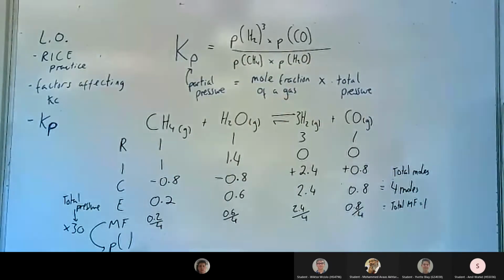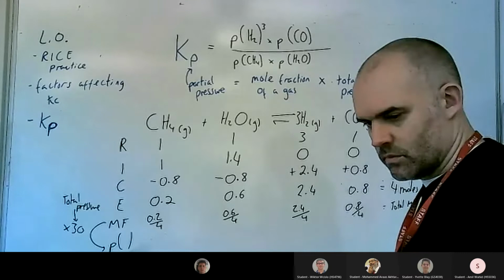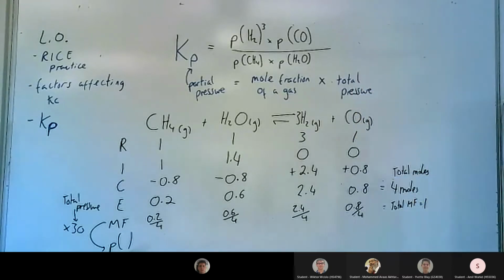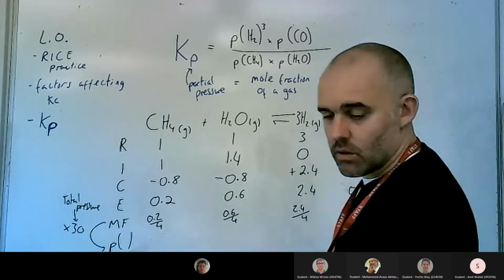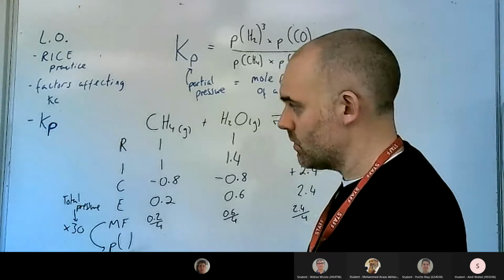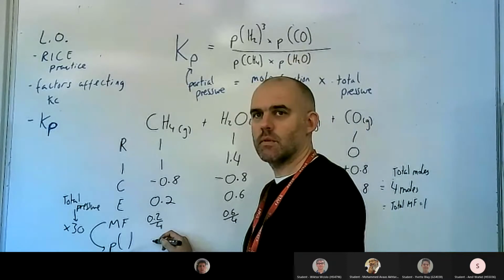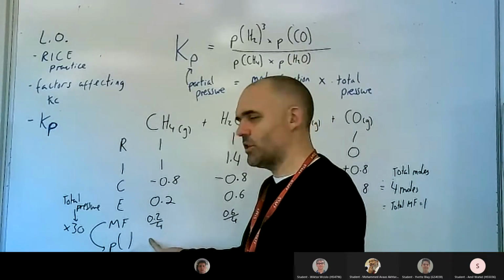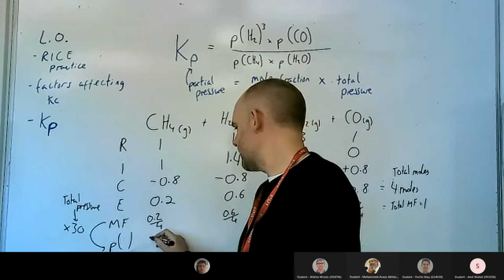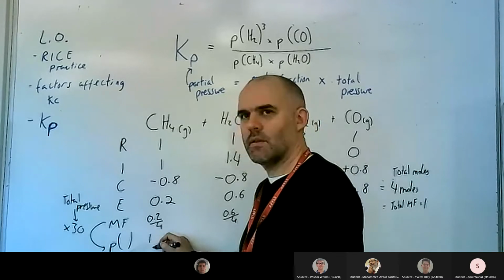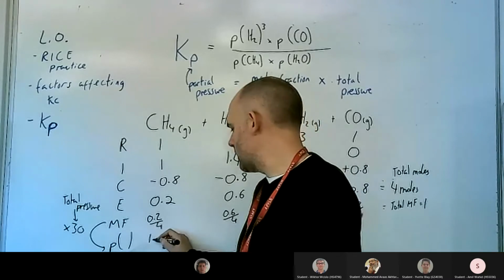Times by 30, so that is the total pressure. So shout them out, what do you get? This is 3 over 2, so 1.5. Numbers at this point.